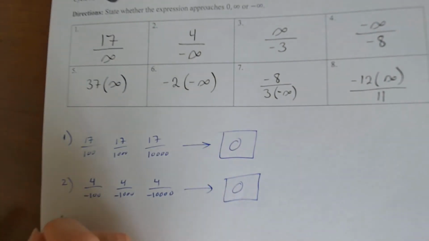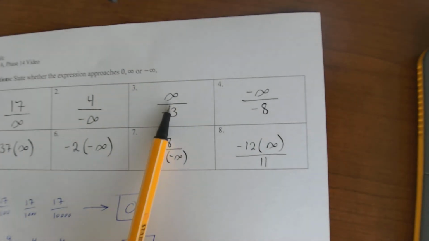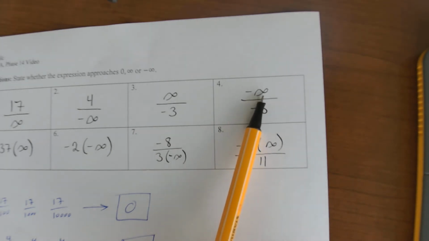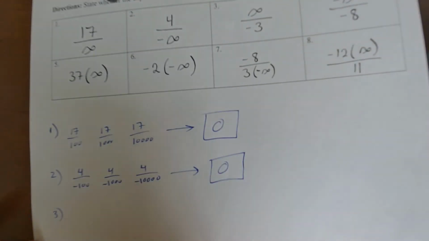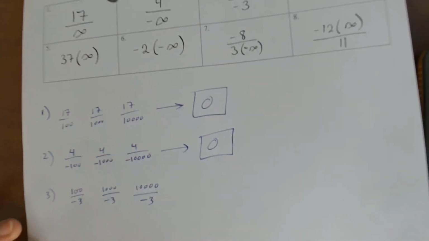Now let's look at number 3. Here the numerator is growing without end, but in a negative direction. So you could think like 10 or 100 over negative 3, 1,000 over negative 3, 10,000 over negative 3.